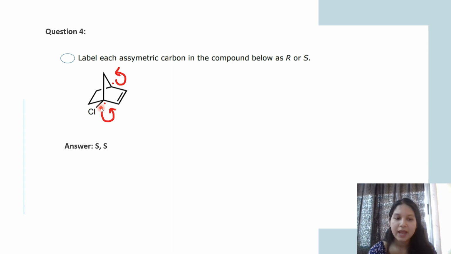So we have SS configuration for the asymmetric carbons present in this molecule. So we first identified that this molecule given has 2 stereogenic centers present, and those 2 has configuration SS. I hope this is clear.